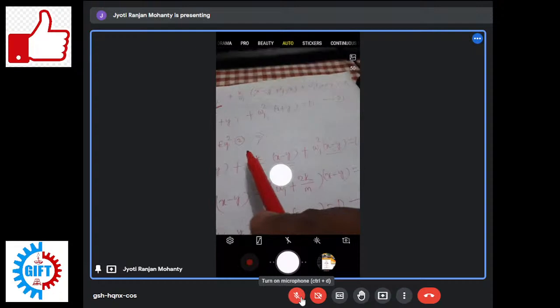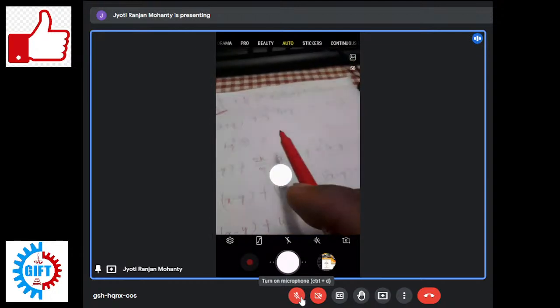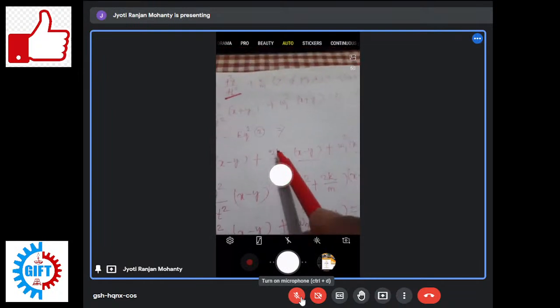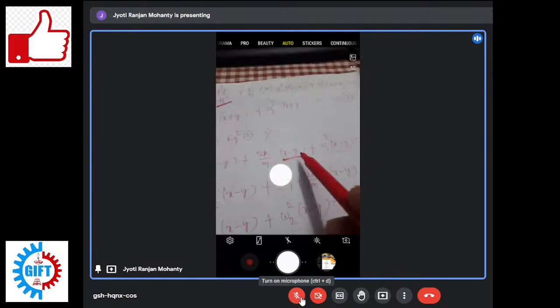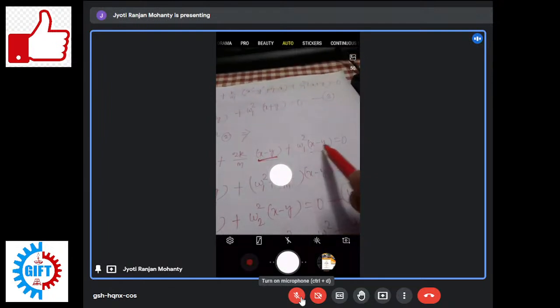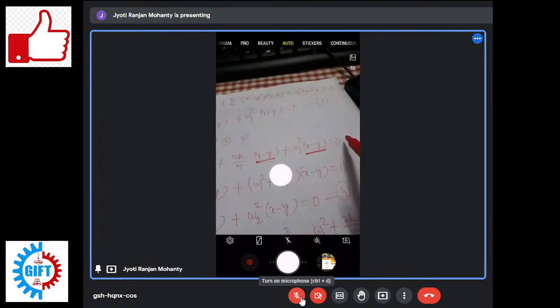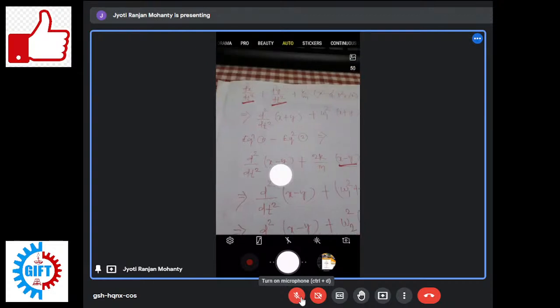We are doing subtraction, x minus y plus x. That means 2x minus 2y. So taking 2k by m common, the rest term will be x minus y plus omega 1 square into x minus y is equal to 0.